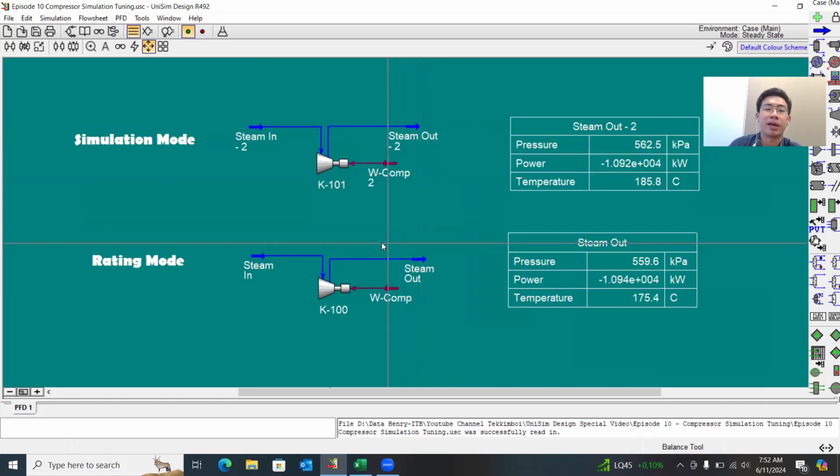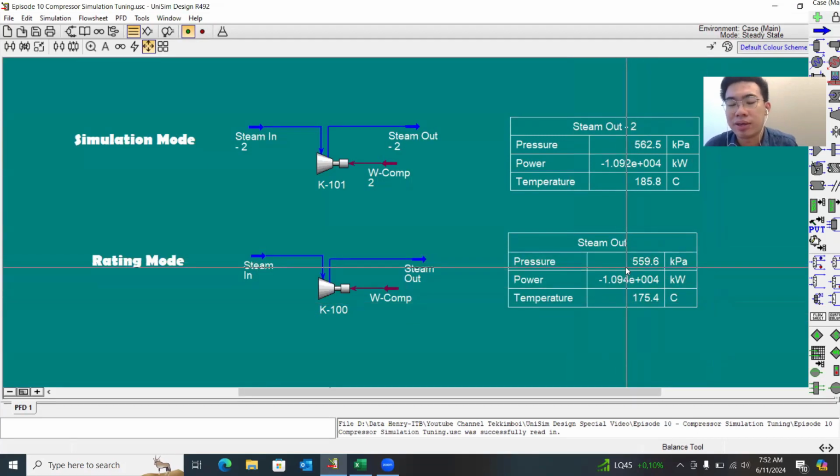The very important one actually is if we already put the right flow and right conditions, but we have the wrong head in the rating mode. For example, at this condition, usually the pressure is not 600 kPa. It is usually lower.